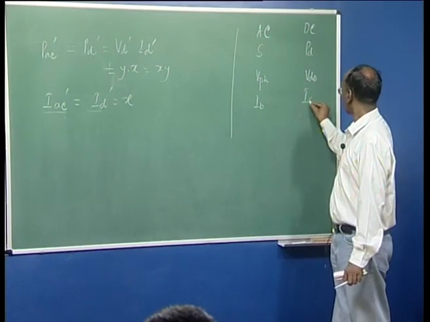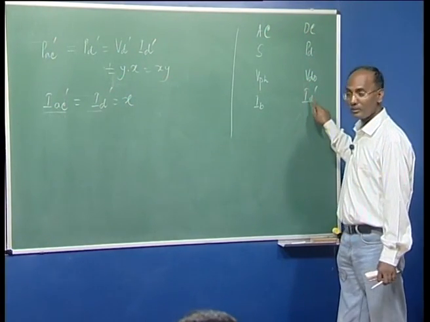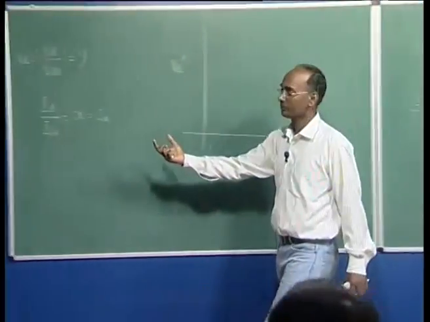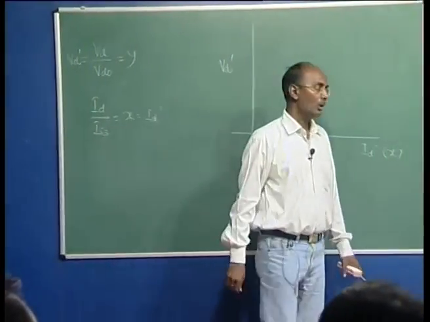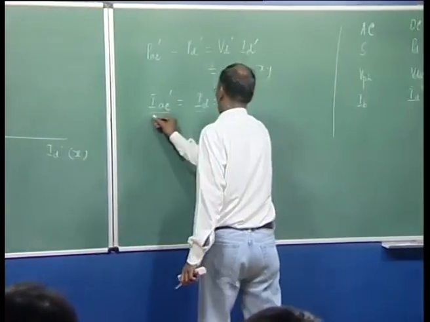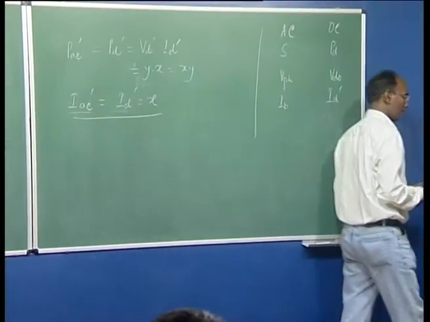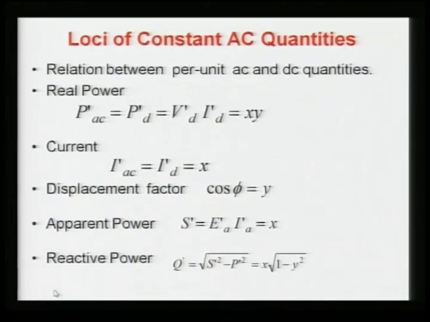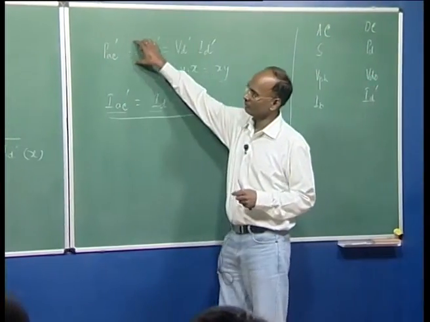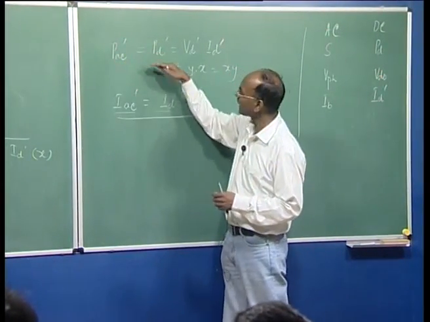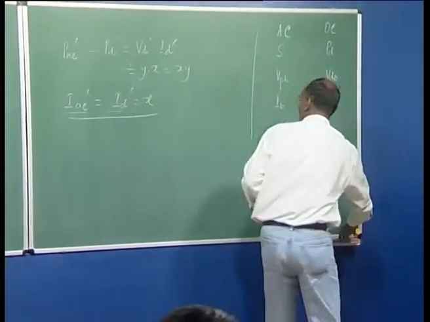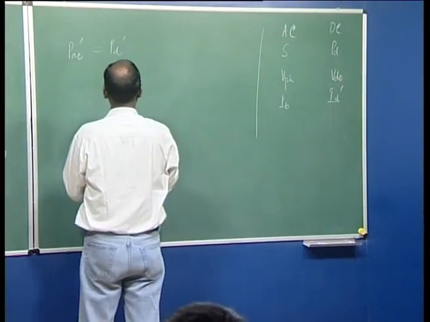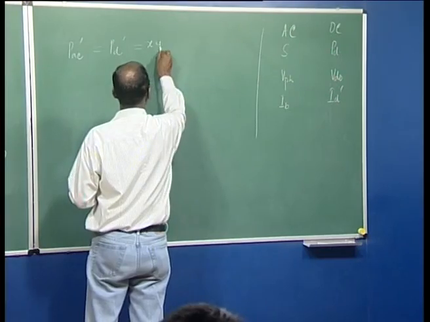Similarly we can have ID prime, where we take the base value as IS3. To calculate this value, we can go back and write what this expression is, which is valid, and from here we can derive it. Now what is the PAC? This is true, here it is equal to XY.